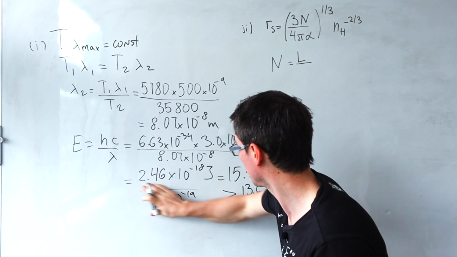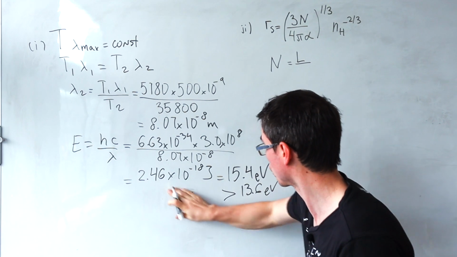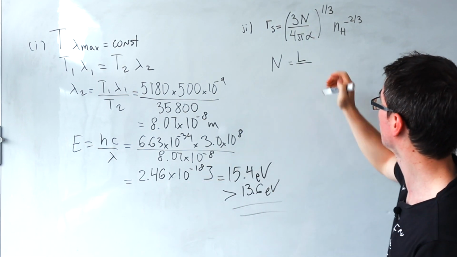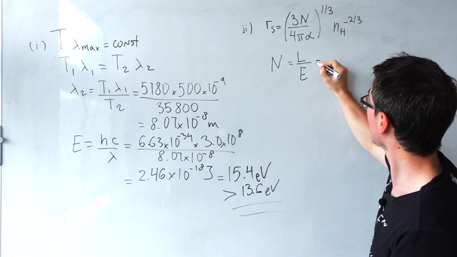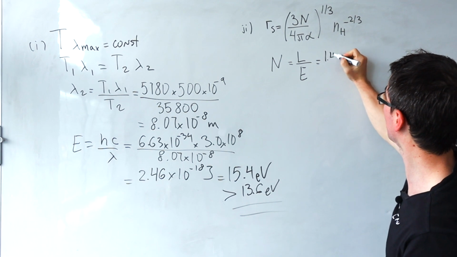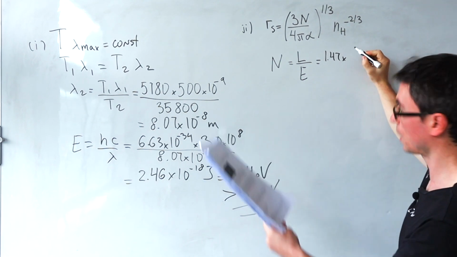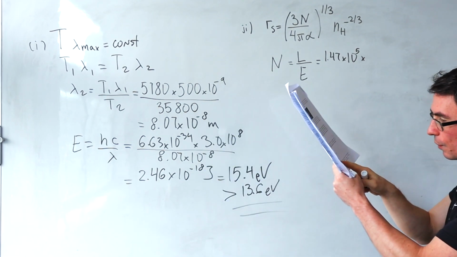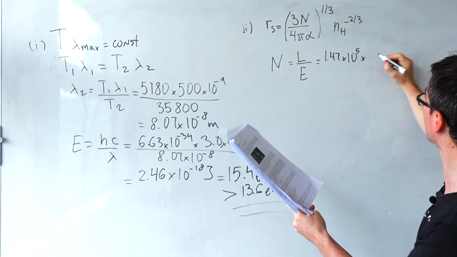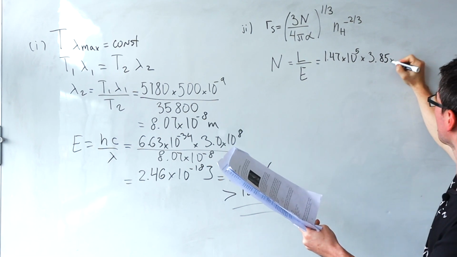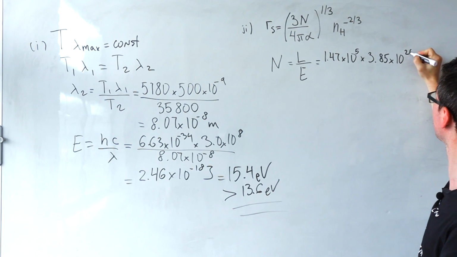So let's just leave that not in electron volts. And what I'm going to do is I'm going to plug that number there. Okay, so the luminosity was 1.47 times 10 to the power of 5 multiplied by the luminosity of the sun, which is also luckily given, 3.85 multiplied by 10 to the power of 26.